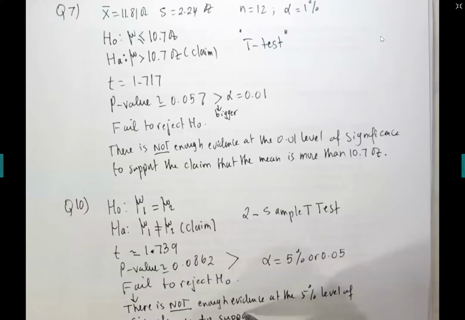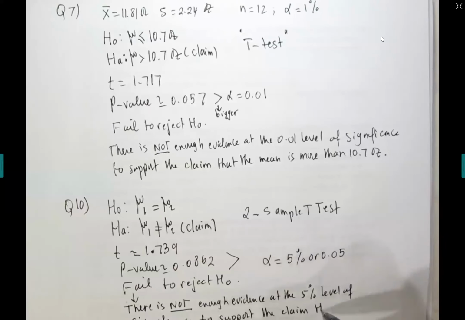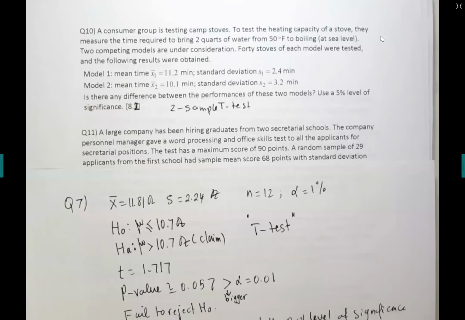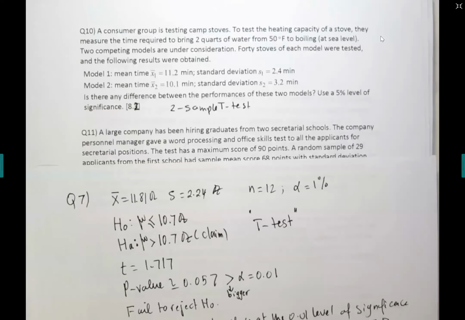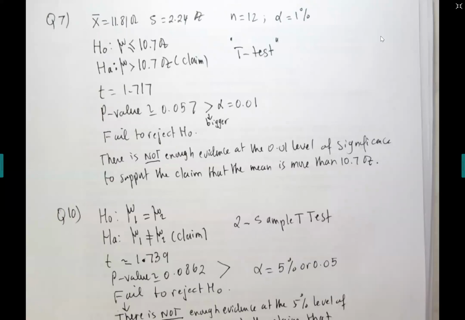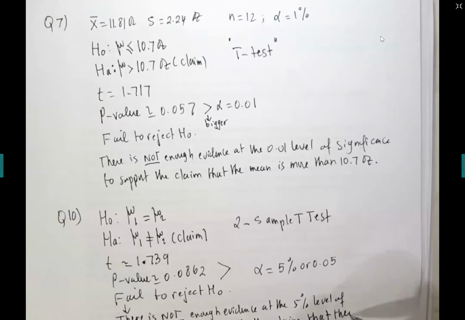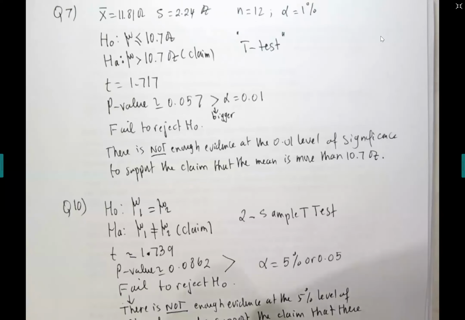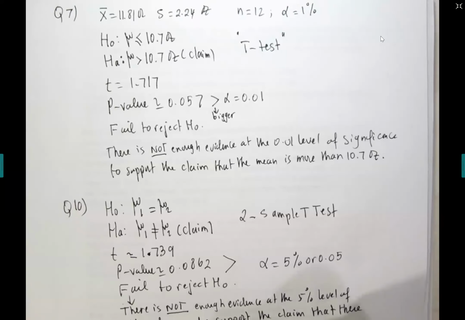To support the claim that, okay, what does it say in here? That there is a difference between the performance of these two models. We cannot support that there is a difference. So probably there is not a difference between the two models.